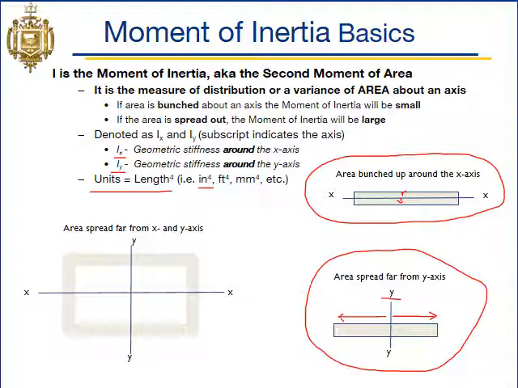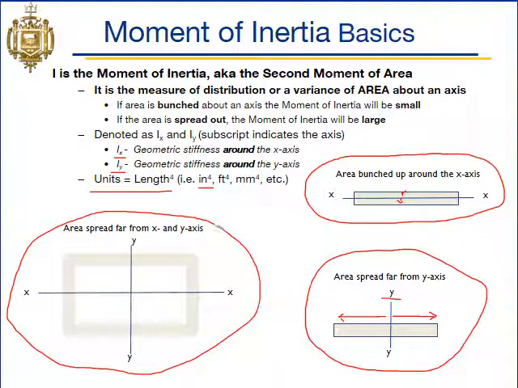And then, finally, let's take a look at one other example here. So it's a rectangular, thin-walled, potentially structural member. And we can see that all of our area is pretty far away from the x-axis, right?